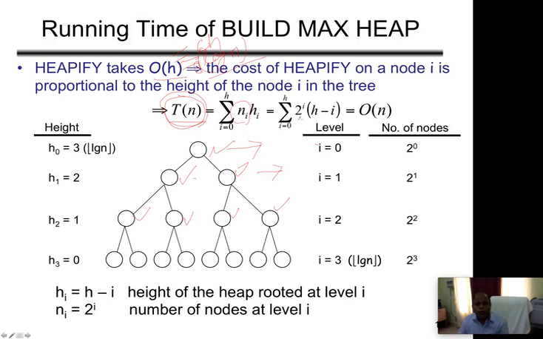This is equal to 2 to the power i, 2 to the power i nodes are there, and h_i from i is equal to 0 to h.